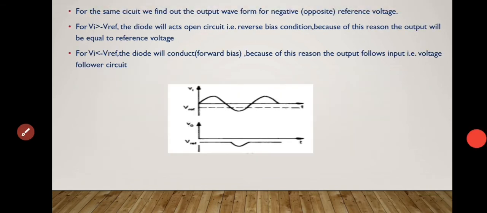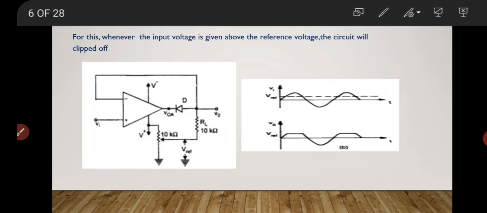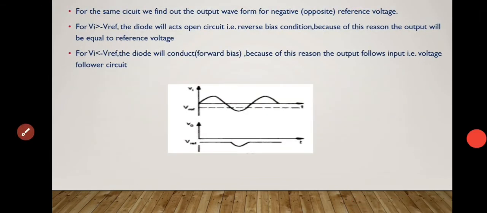For the same circuit, we can find the output waveform for a negative reference voltage. For the condition Vi greater than minus Vref, the diode will act as an open circuit because the output of the op-amp will be in positive saturation. When positive is connected to the cathode of the diode, it will be off, so it will act in a reverse bias condition.